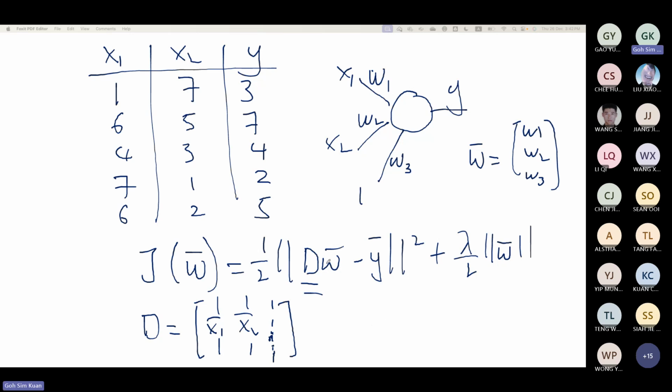After that, based on the matrix calculus, or even Newton's method that you have learned, you know how to compute the closed-form solution for this particular expression, because we know that W bar is equal to D transpose D plus lambda I, inverse, D transpose.